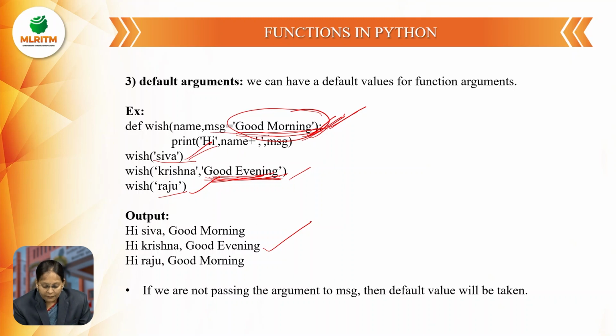That's why the default message good morning will print. If we are not passing the argument for message, then the default value will be taken. For Krishna we pass a different value, good evening. For Shiva and Raju we are not passing any value, so it took the default message and printed it.